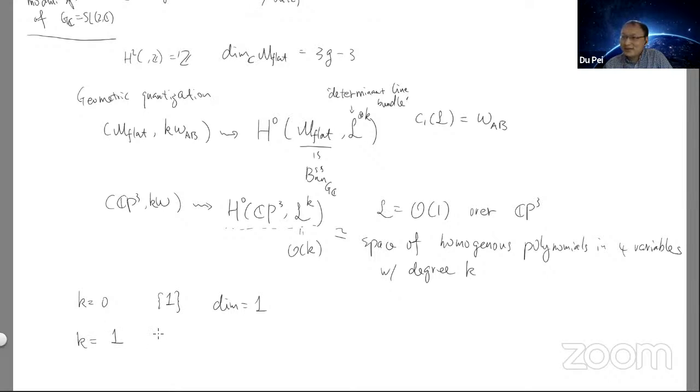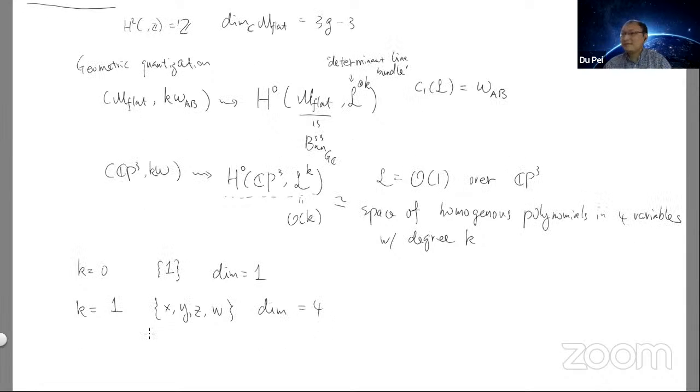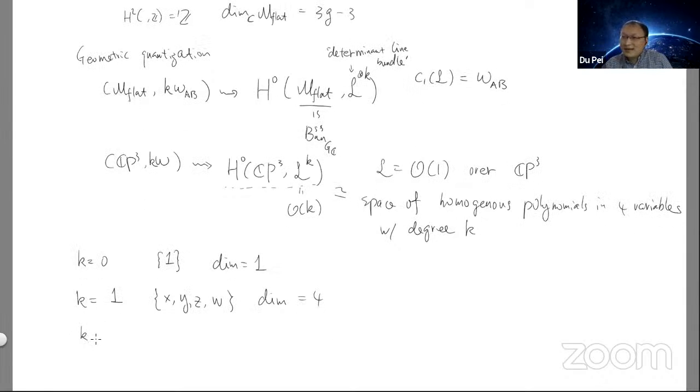For k equals 1, the dimension equals 4, with the generators being x, y, z, w. For k equal to 2, you can easily list all homogeneous polynomials in 4 variables of degree 2, and you find that the dimension equals 10.